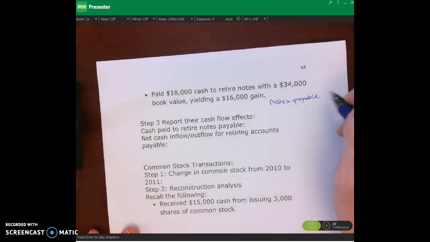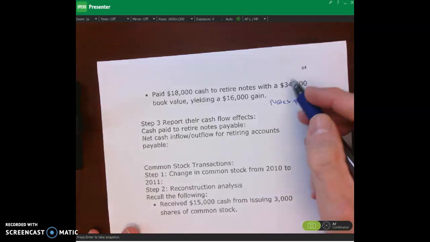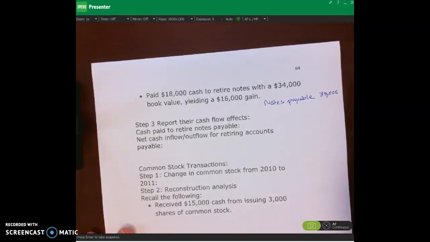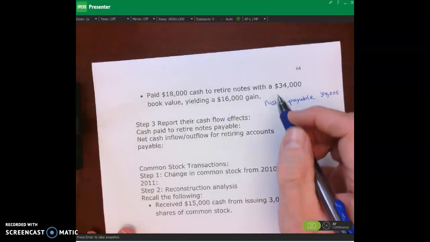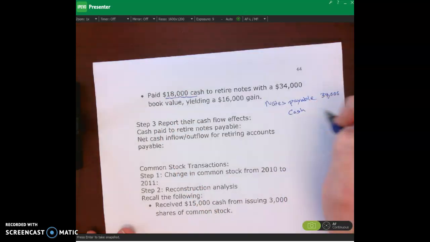Okay, so we debit that for our $34,000, which is the value of those notes. The outstanding balance on those notes payable is $34,000. And then we're going to pay $18,000 cash. So we credit cash for $18,000.